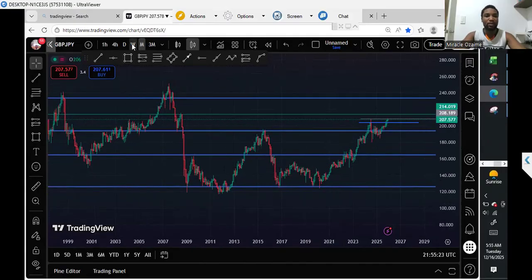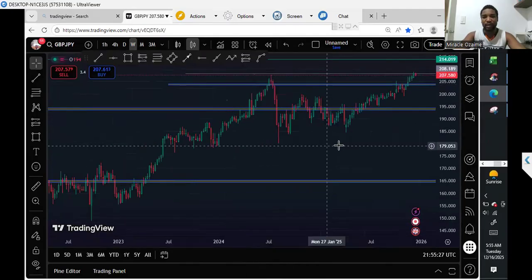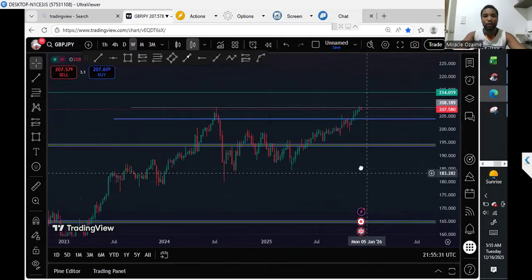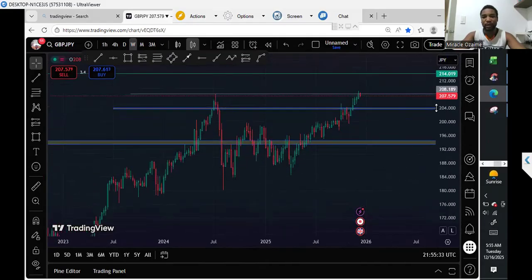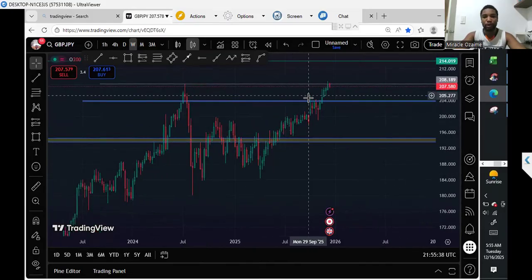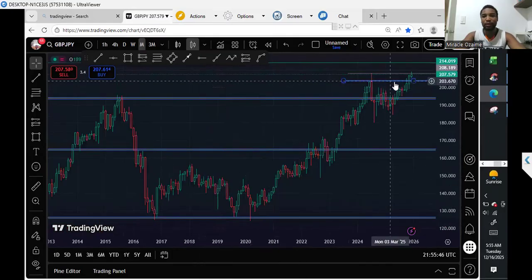When I come back to my weekly time frame, it is telling me something unique. If you look properly at price on the weekly time frame, you're going to see price push up, correction, push up, correction, push up at the close. When you go back to the monthly time frame, you're going to see that this is a monthly candle close.